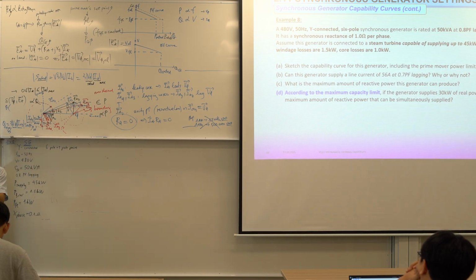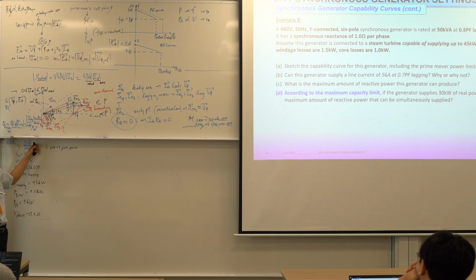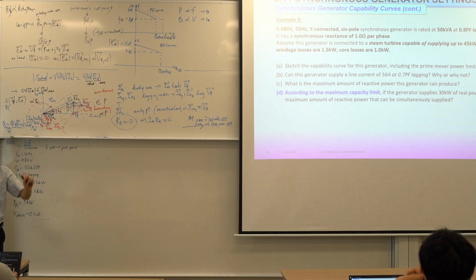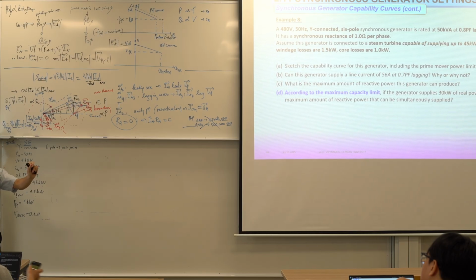If we have a final exam question and we don't know what the object is, that is very bad. For generators, input is mechanical power and output is electrical power. For motors, input is electrical power and output is mechanical power. And if you don't know the object, oh my god.